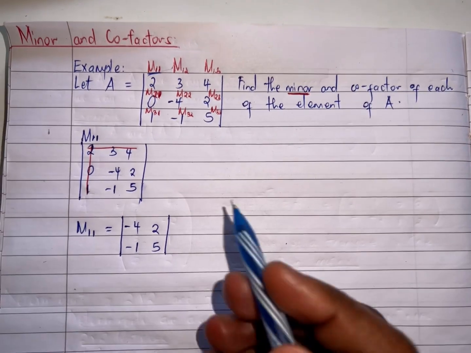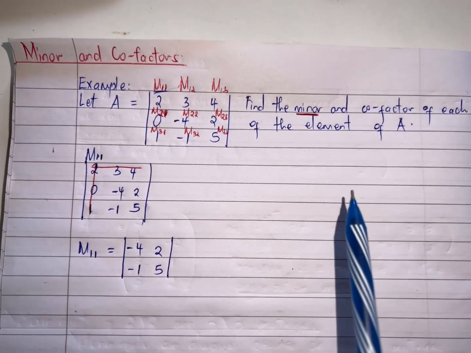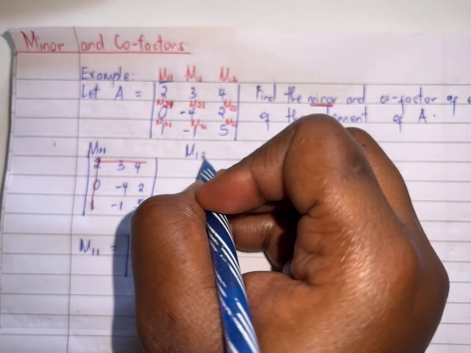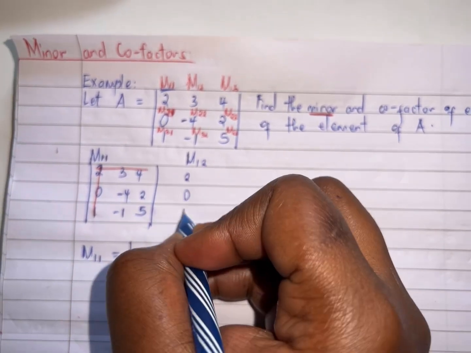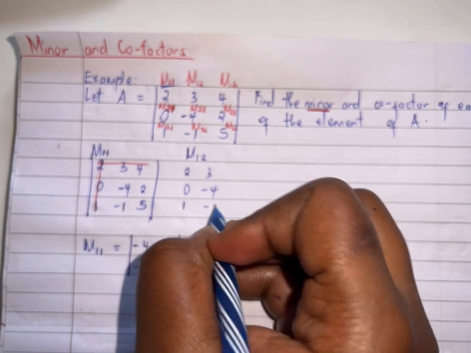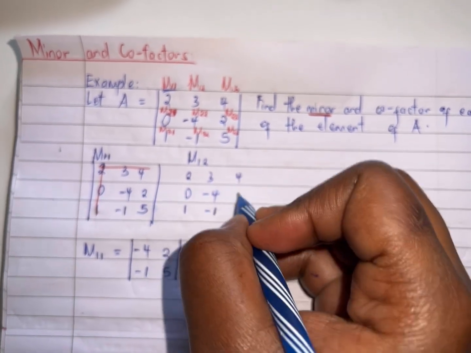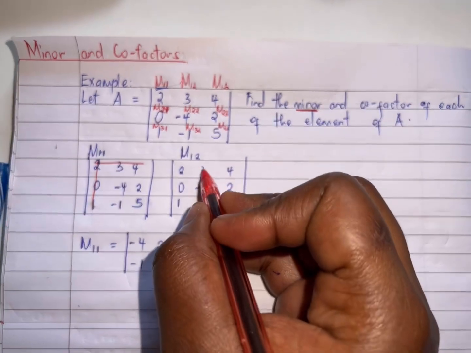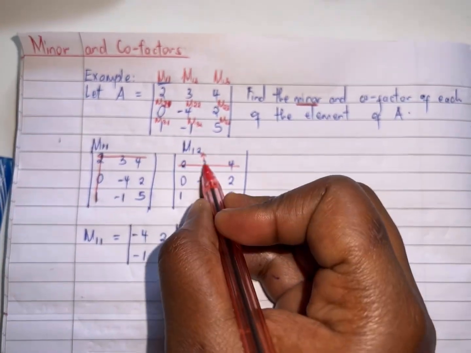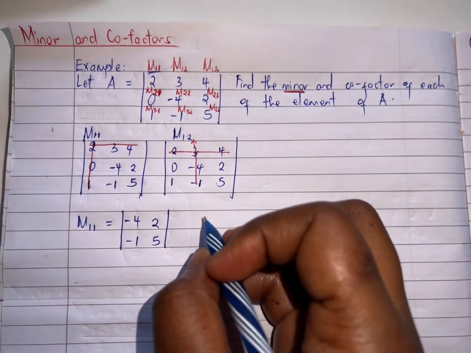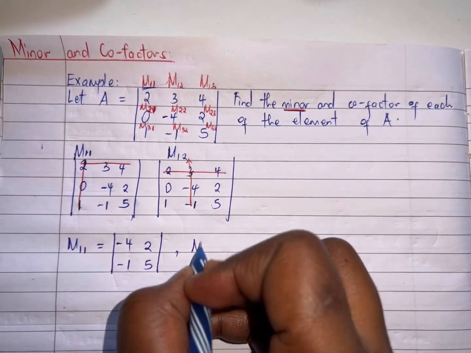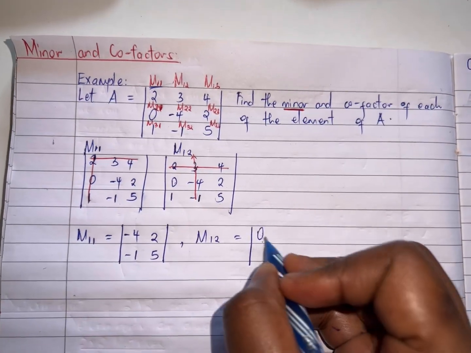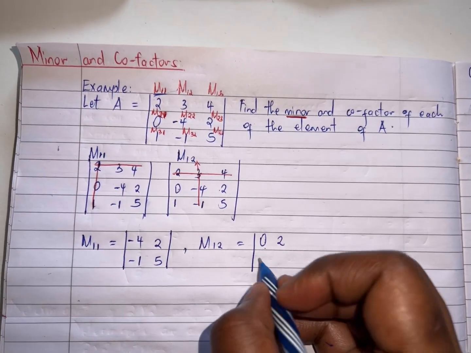We move on to M12. We're going to do the same. We're going to cancel the row and the column where M12 is. Sorry, I wrote M12, I didn't arrange that part. So M12 will be 0, 2, 1, and 5.